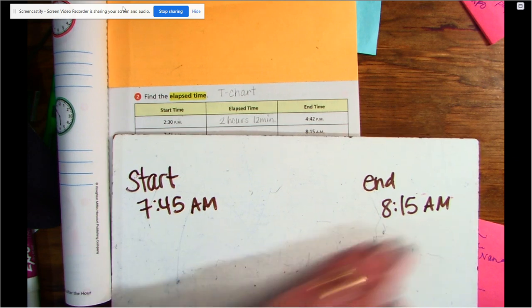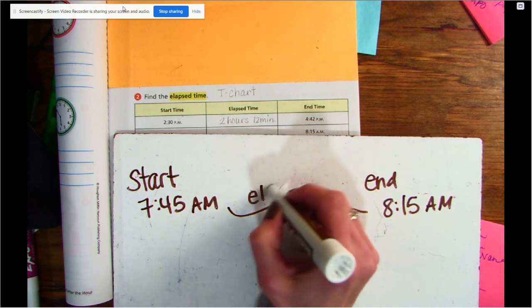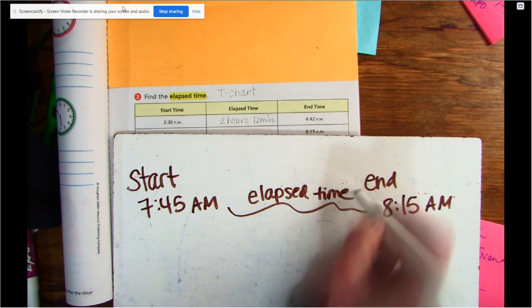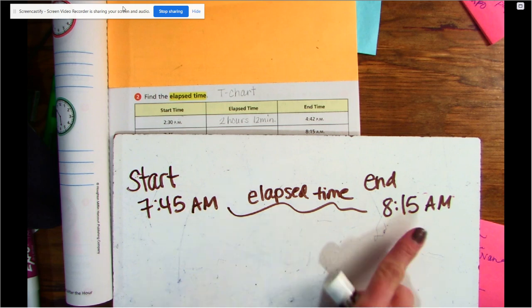How much time is that in between, right? This right here is called the elapsed time. Right? It's how much time is between, or how much time passes from one time to the next time, from the start to the end.